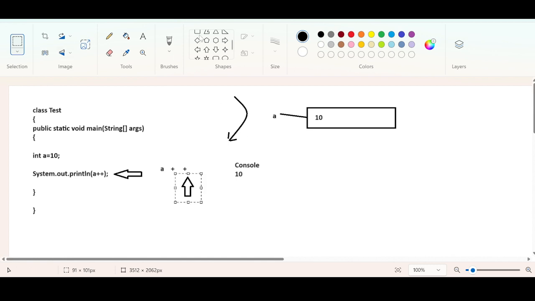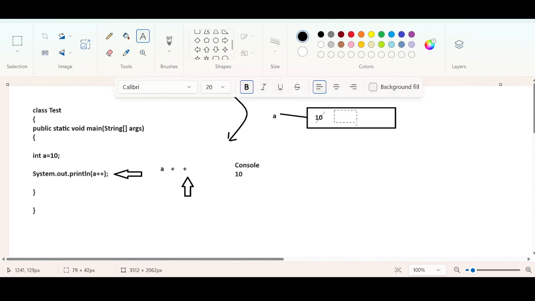So this time the 10 in memory will be replaced with 11. 11 is getting stored in the memory, but when it comes to display, 10 is getting displayed. Post increment is post increment, and we will see a lot of problems on top of this, but this is a basic idea. I'm just introducing this to you.